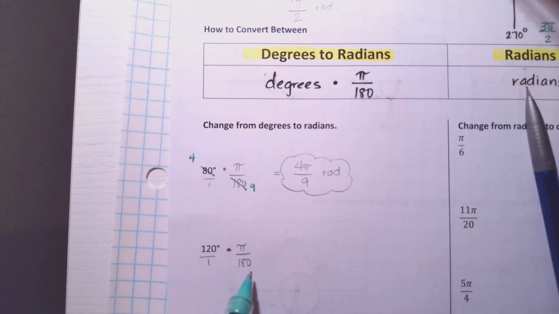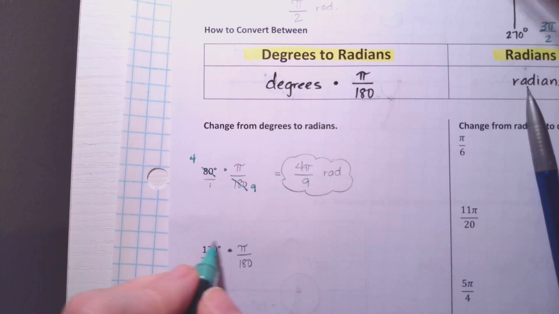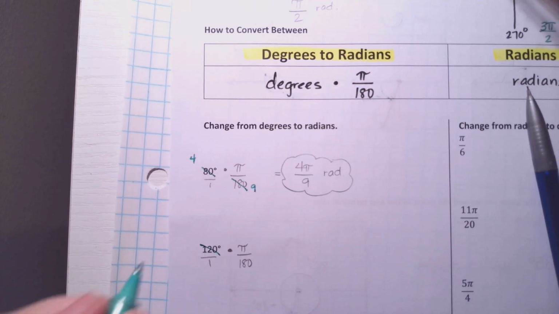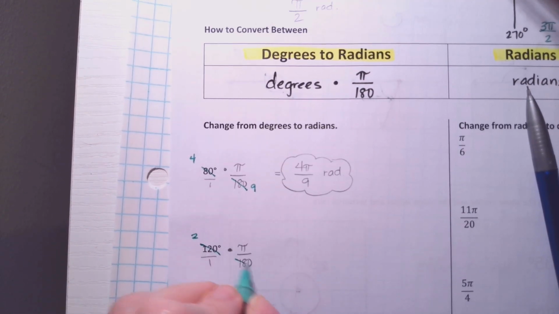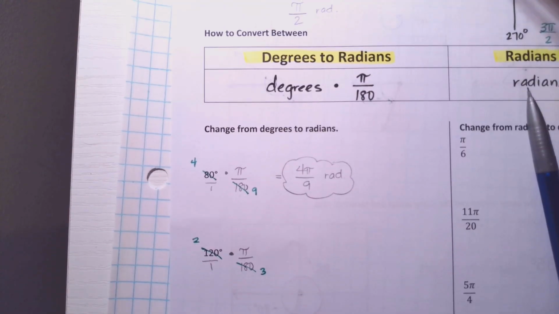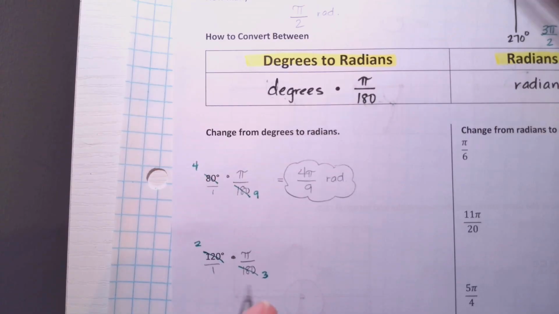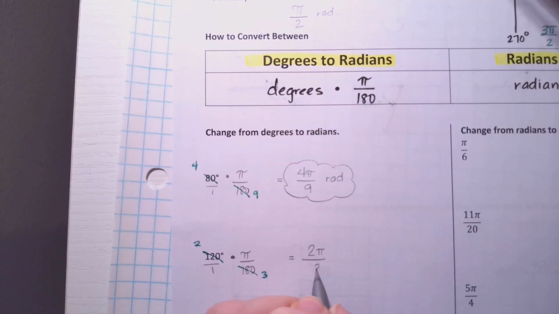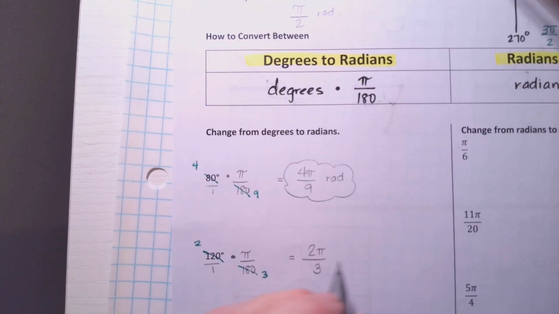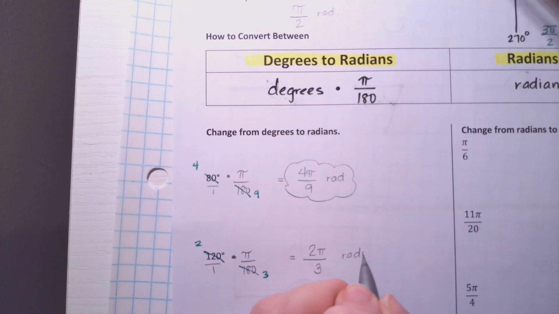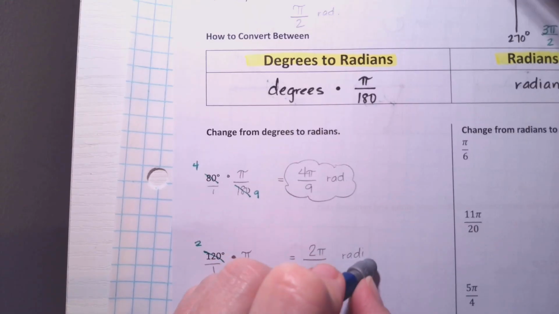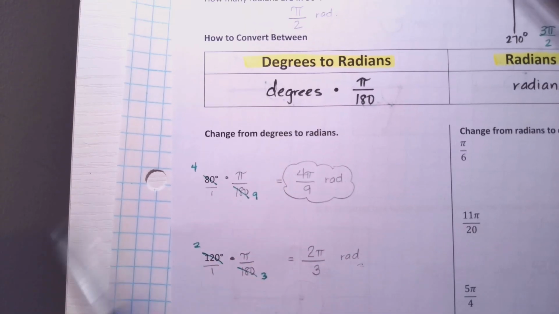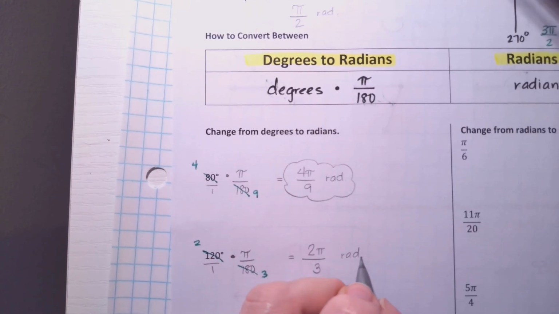Both 120 and 180 divide by 60. 120 divided by 60 is 2. 180 divided by 60 is 3. And then you get some super easy multiplication now. Top times top would give me 2 pi. Bottom times bottom would give me 3. And then we'll just label that answer as radians. If you don't simplify first, you will have to reduce the fraction after the fact, which is totally fine.